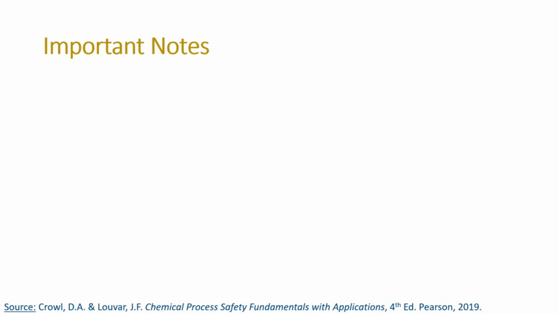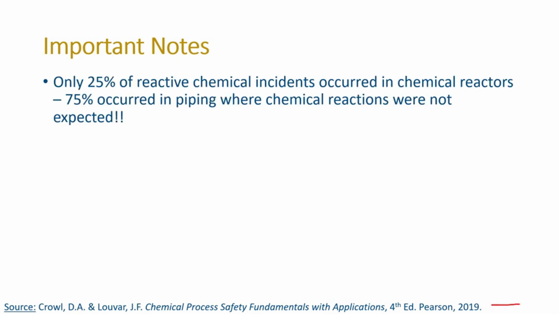Some final important notes on chemical reactive hazards before we leave this identification of hazards discussion and go towards characterizing chemical reactions. As pointed out by the Crowl and Louvar Chemical Process Safety: Fundamentals with Applications textbook, only 25% of reactive chemical incidents occurred in chemical reactors, where we expect chemical reactions to be happening.